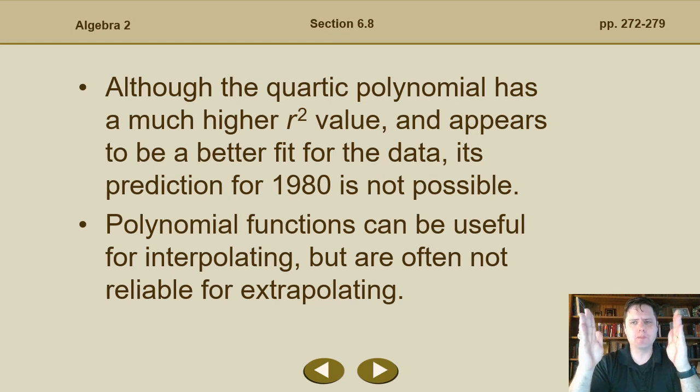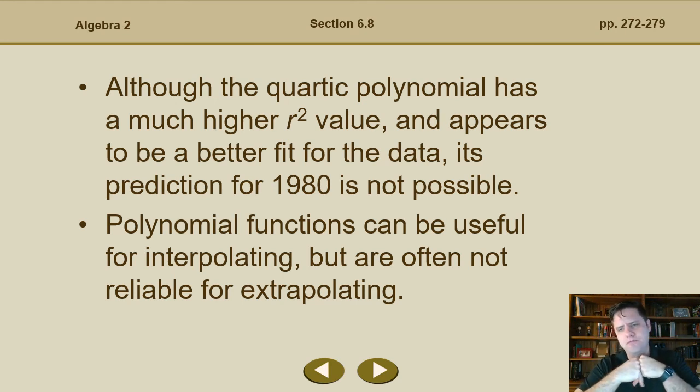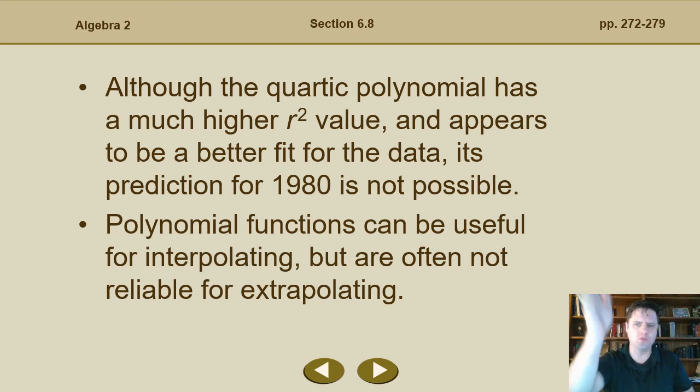And so especially if we're doing population modeling, when you're extrapolating, you're guessing at where the population is going to go from here. The problem with that is that there's a whole lot of factors that might flow into that, and so it's not always all that helpful. This is similar to the modeling that happens here in Houston whenever a hurricane is coming our way, where they have all these different models of the projection of where the hurricane might go.